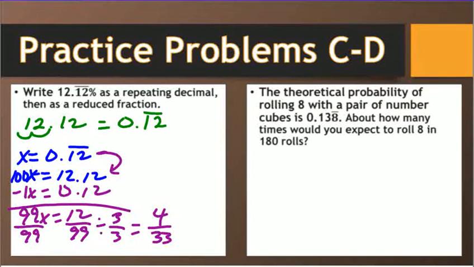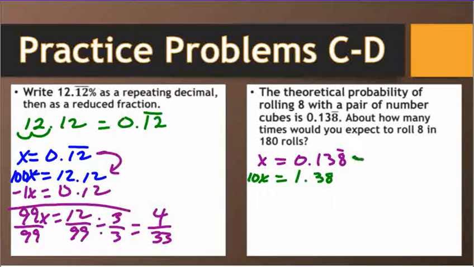And our last one, the theoretical probability of rolling an 8 with a pair of number cubes is 0.138 with the 8 repeating. So that's my first equation, x equaling 0.138 with the bar over the 8. How many times would you expect to roll 8 in 180 rolls? So this one is like the previous one that we've done with 12, rolling a 12 in 180. So we need to convert this to a fraction. So 1 digit is repeating, so 10x equaling 1.38 repeating.